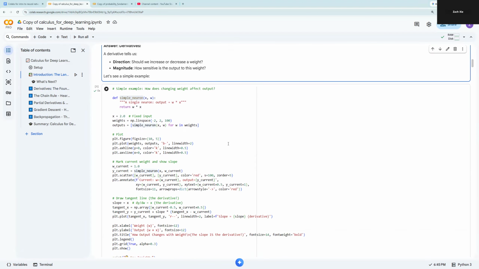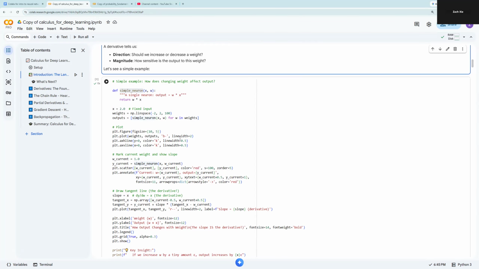Why is that important? Because in neural nets, essentially we're just doing very simple computations like weights times input plus a bias, and we get the output for the next layer, right?